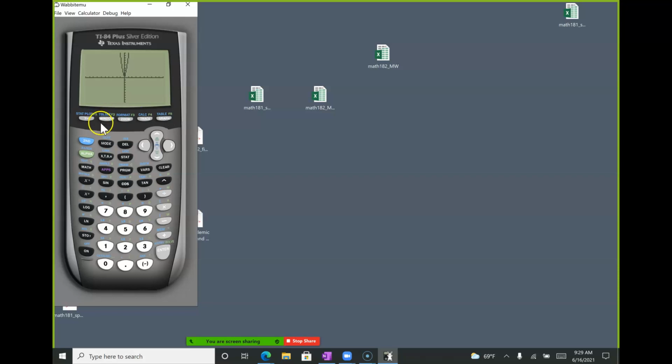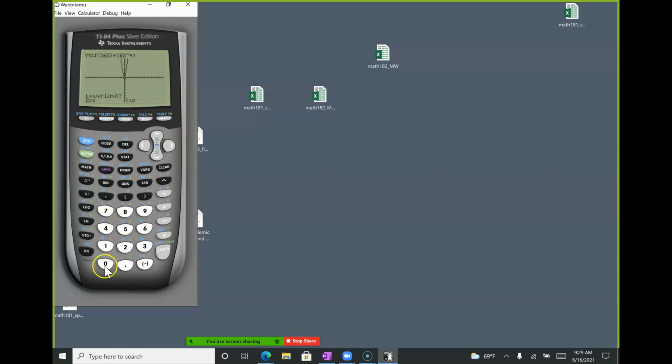How's everybody here who's going along with me on the calculator? Anybody need a second? Looks like everyone's okay and everybody's with me. So now I'm going second calculate. And I'm picking number 7, which is the integral of f of x dx.